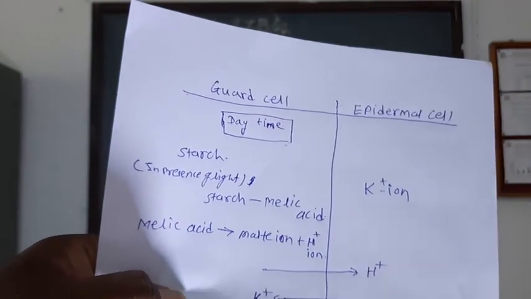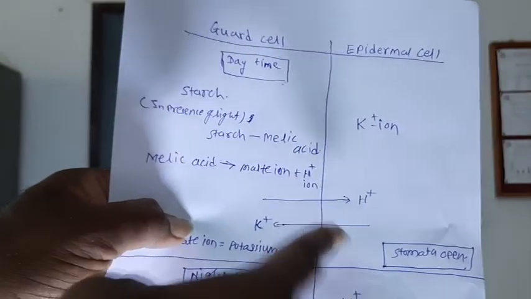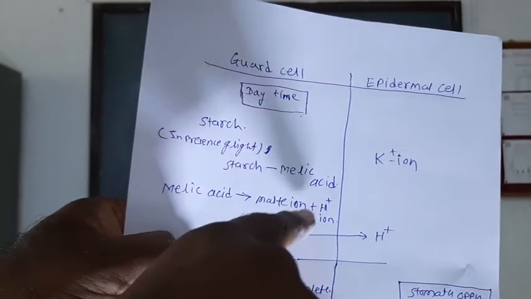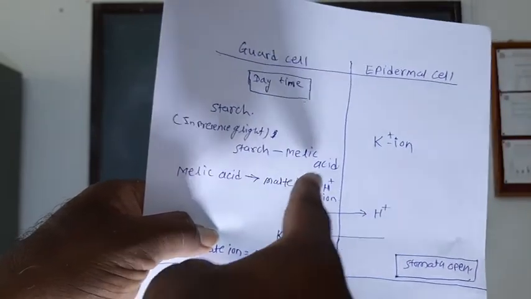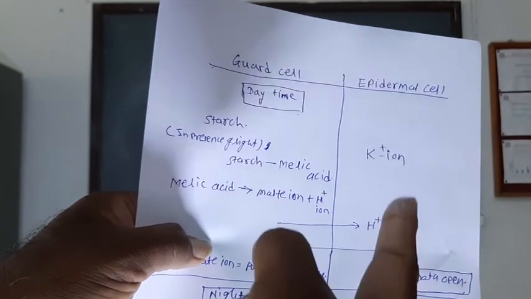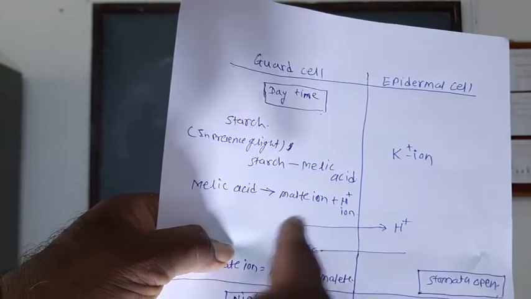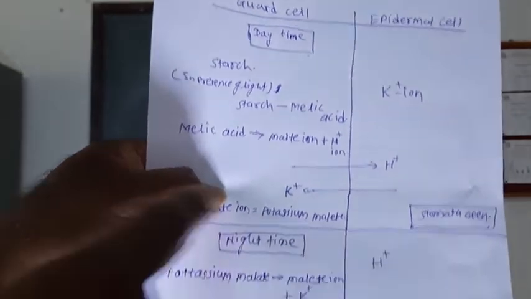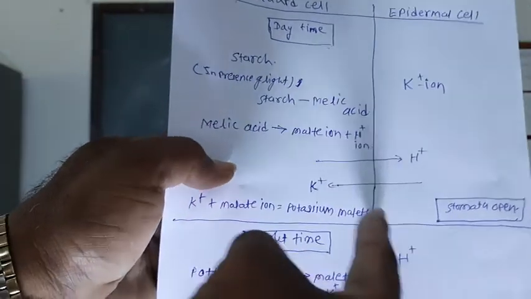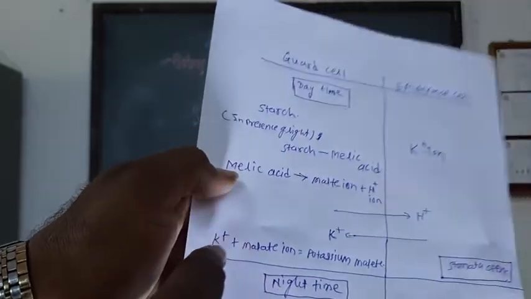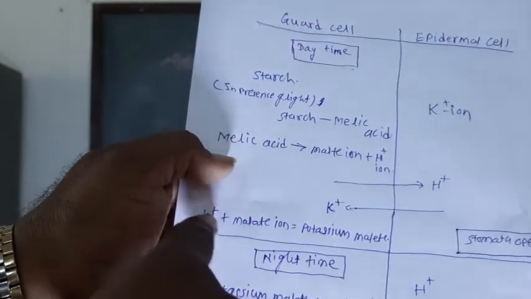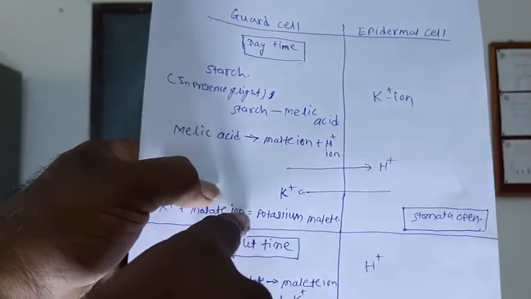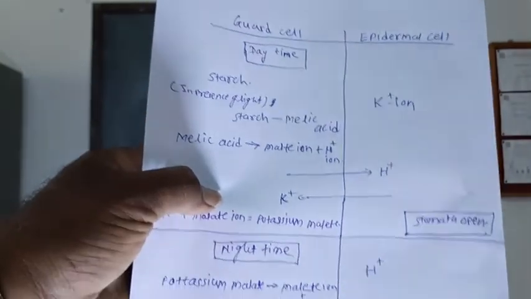Then what happens? There is an exchange of ions. Hydrogen ion is given to the epidermal cell, and potassium ion is given to the guard cell. When potassium ion enters the guard cell, it combines with malate ion and forms potassium malate.